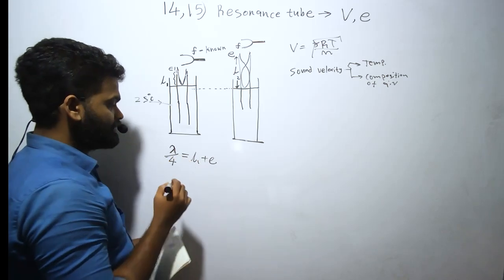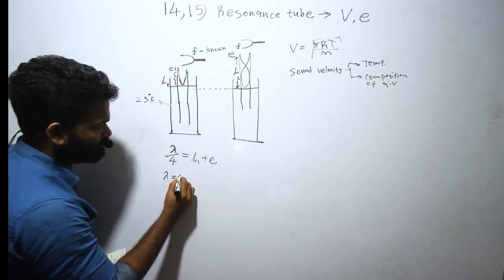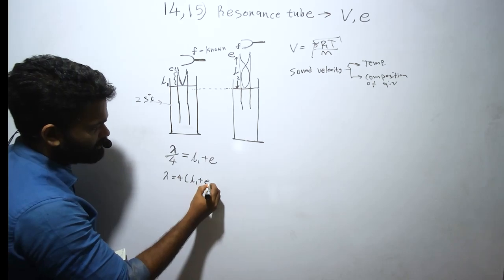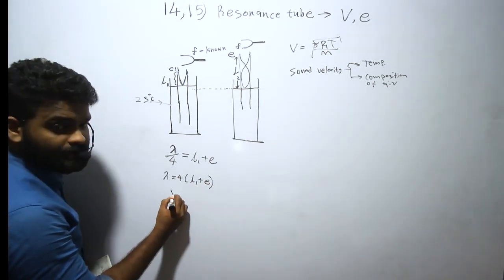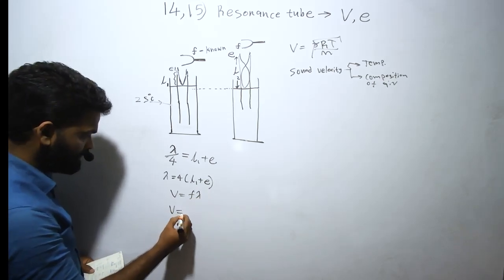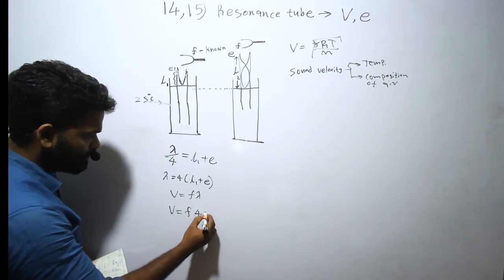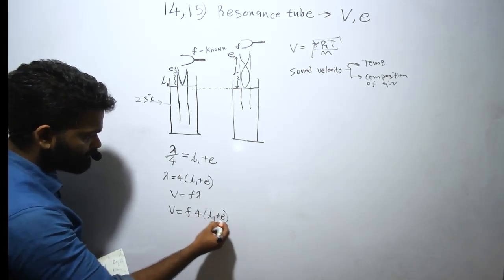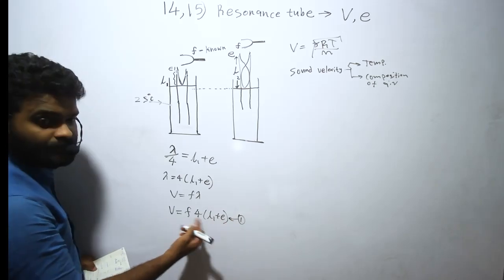So lambda over 4 equals L1 plus E, then lambda is equal to 4 times (L1 plus E). Then I apply V equals F lambda. So V is equal to F times 4(L1 plus E). So this is the equation for the first case.